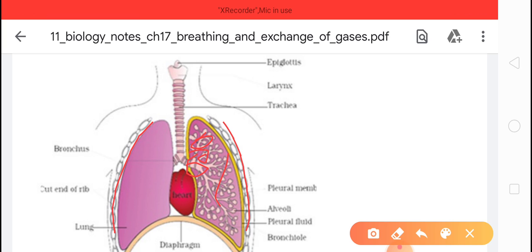They cover the two lungs. And these pleural membranes have a fluid between them, and the name of the fluid is pleural fluid. A very important question: the two lungs are covered by the pleural membrane, and they have the pleural fluid.